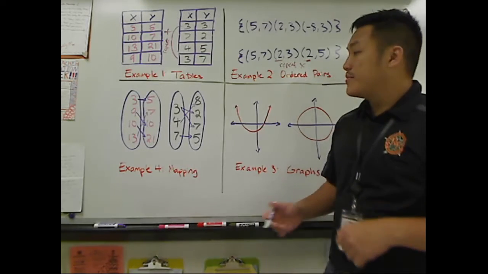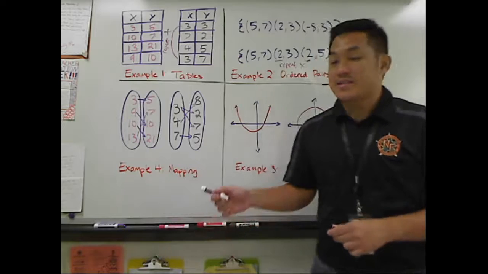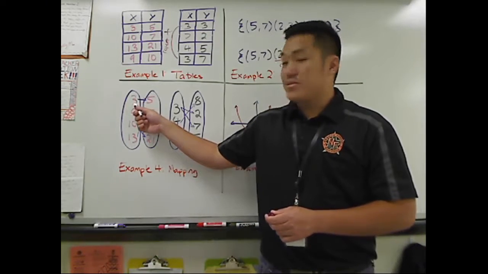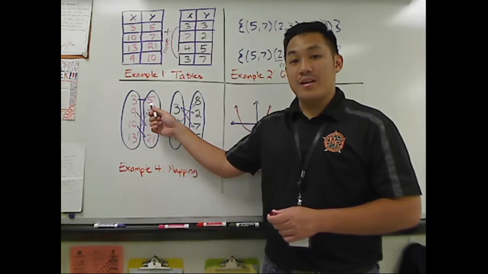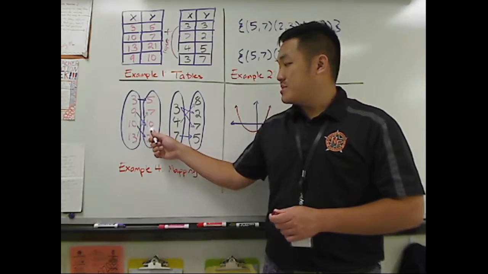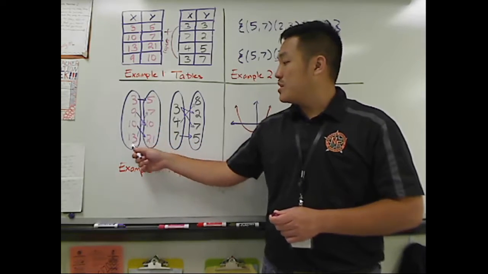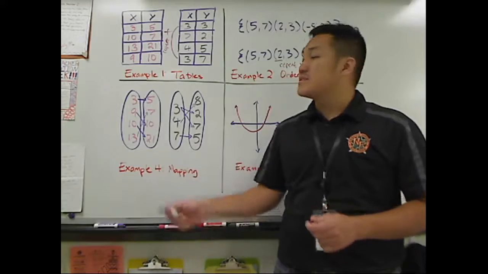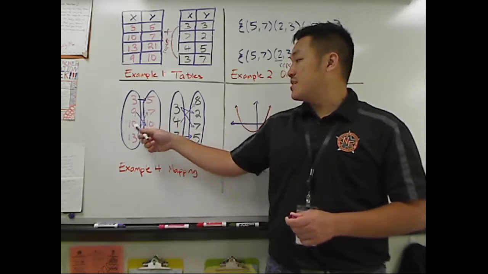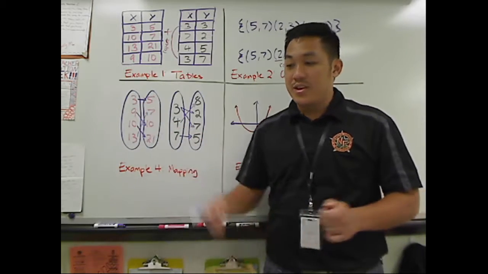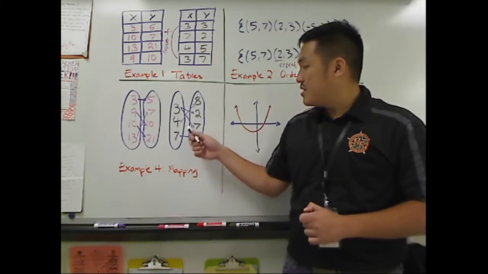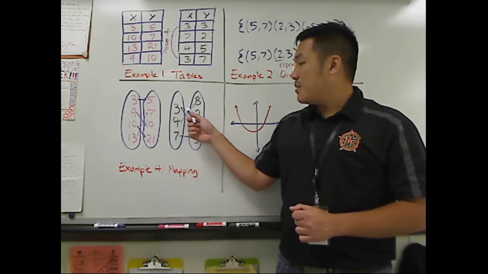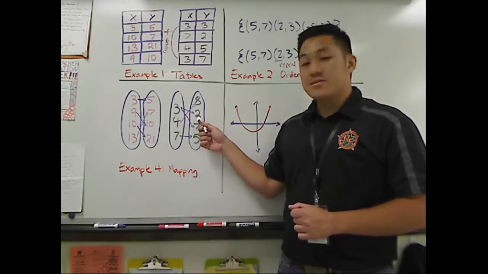Okay, mapping. Same kind of idea. Input 3, output 5. Input 9, output 10. 10 gives me 21, 13 gives me 7. Everything is different. But look at this: 3 outputs to give me 2.